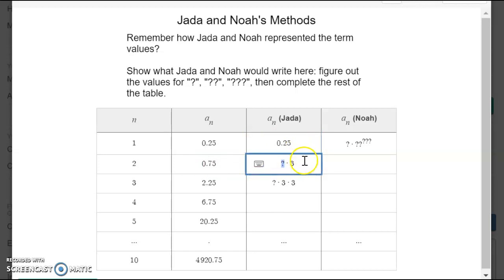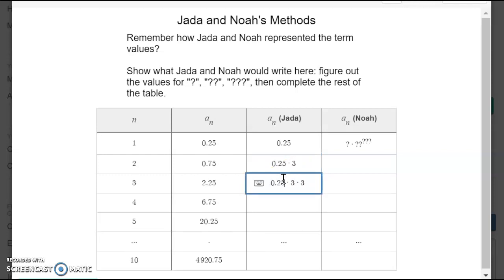So that question mark is going to be 0.25, multiplied by 3, because whatever the previous number was, I multiplied that by 3. The question mark is still going to be the same. It's going to be 0.25.